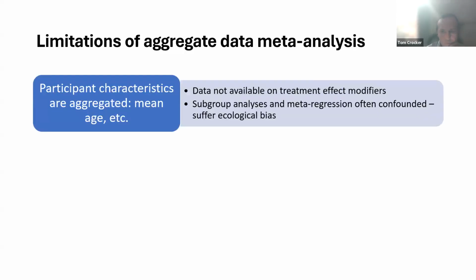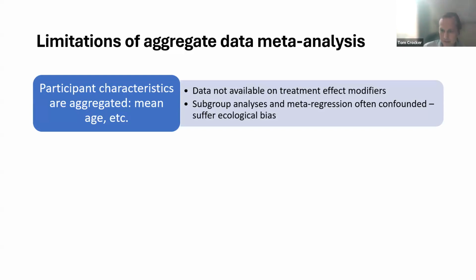While we might know that one study has a higher mean age or more participants with multiple long-term conditions, it's very rare for individual trials to report data on whether a characteristic is associated with a difference in treatment effect. And if it was reported, you might be concerned that it was only being reported because it was interesting, but perhaps it was a result of chance.